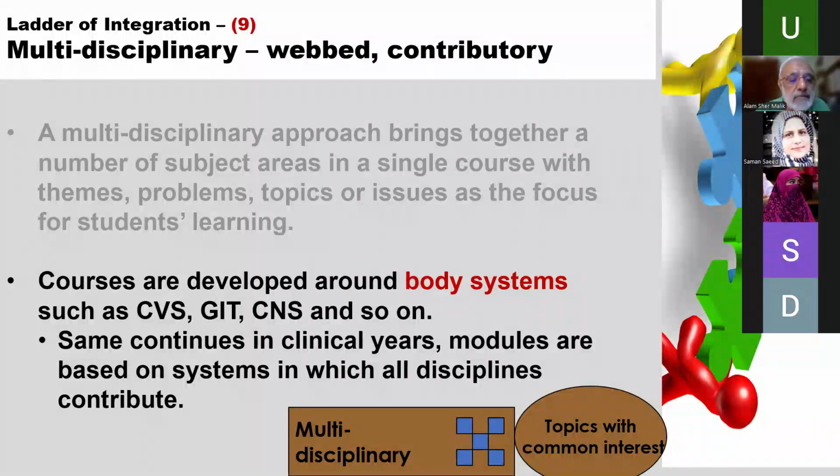Like we have a cardiovascular module, we have a GIT module, and then under these modules we have the themes of the week, and then the teaching on that. Imagine if the same thing continues in the clinical years.